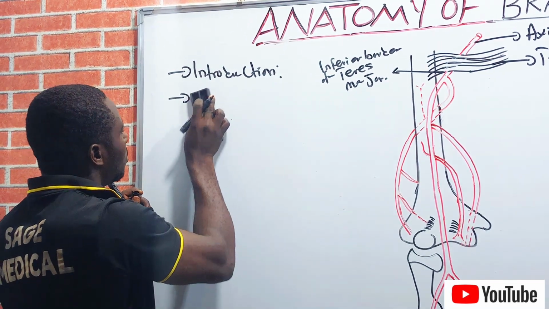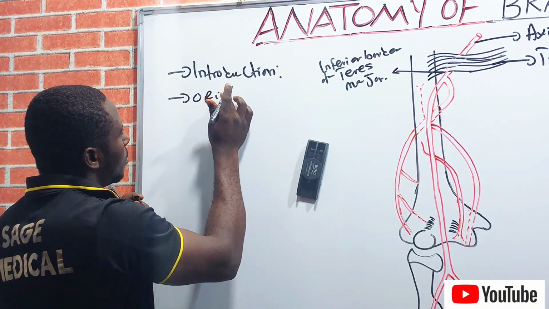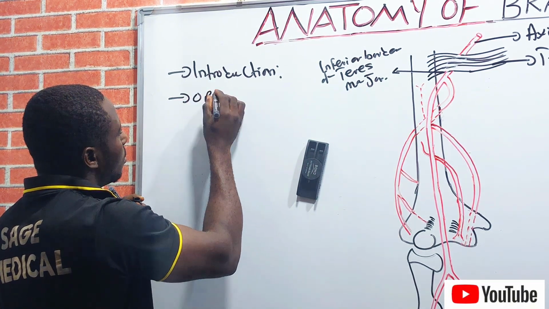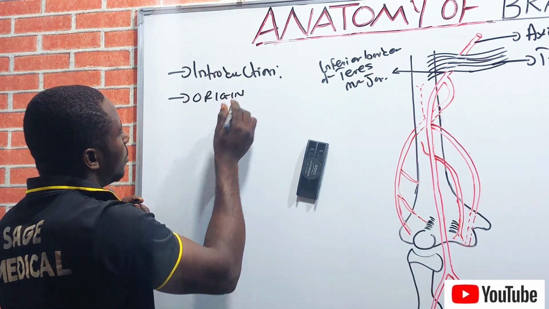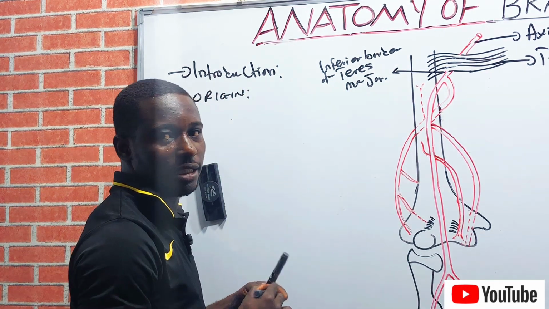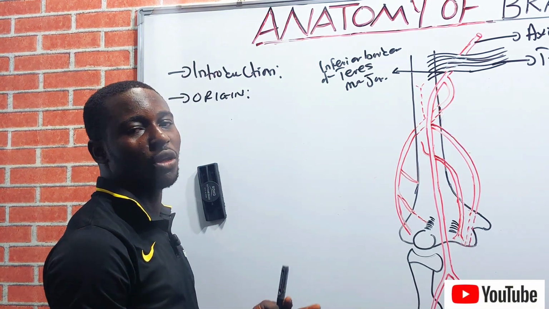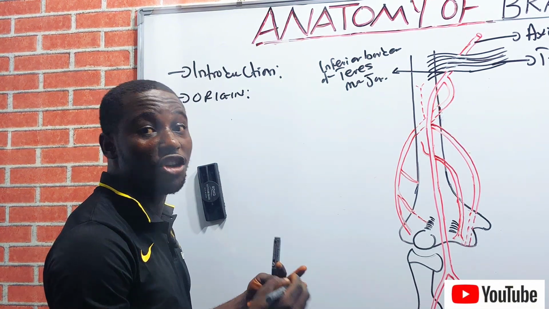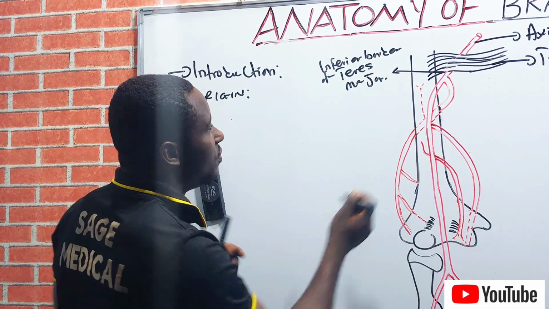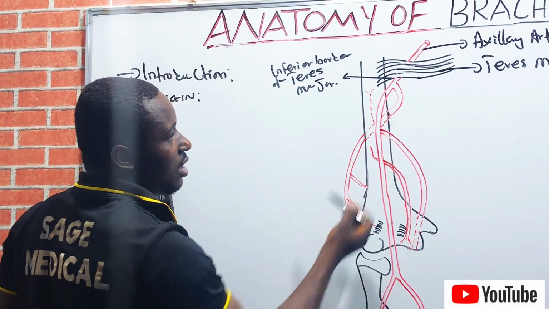Now let's go into our origin. What is the origin of the brachial artery? The brachial artery originates from the lower border, or the inferior border, of the teres major muscle. That is the origin, because here is the axillary artery.